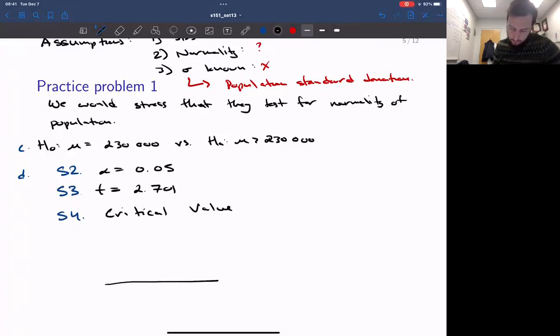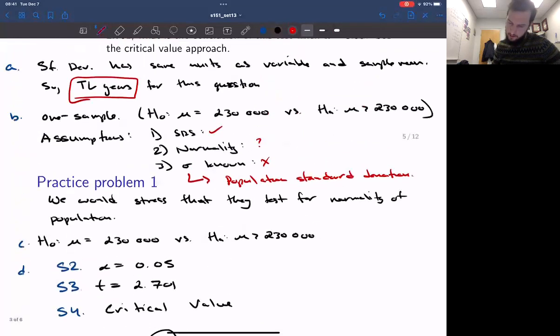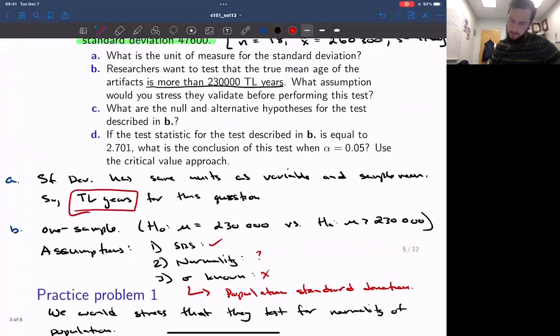Okay, so if we're going to do the critical value approach, we start by sketching out our T curve. Okay, here's 0. We're going to need a T value on 0.05 and, sorry, 17.